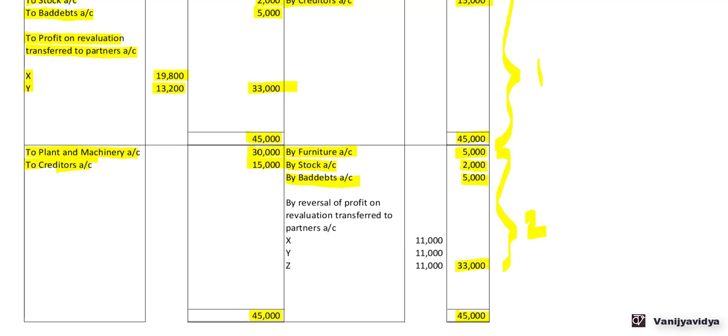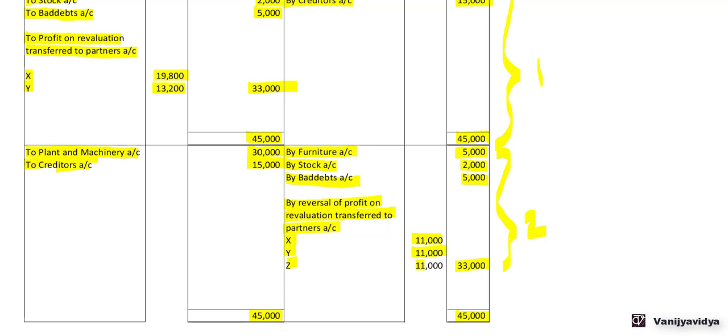So this is like a reversal of profit. Now this reversal of profit should be transferred to the partners' capital accounts in their new profit sharing ratio. That is, this 33,000 will be shared by X, Y and Z in their new profit sharing ratio.